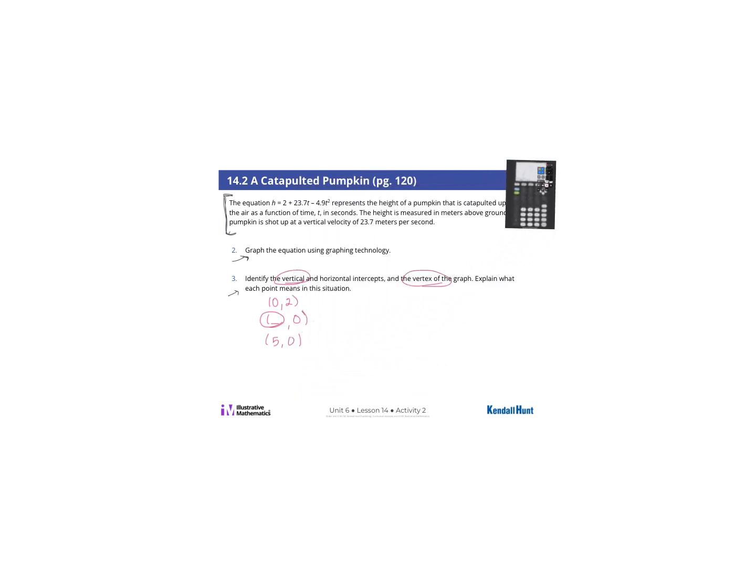Alrighty, so we can go ahead and interpret these points. Our 0, 2, that is our initial height of the pumpkin. Okay, then we had our negative 0.8, which was our 0 there.